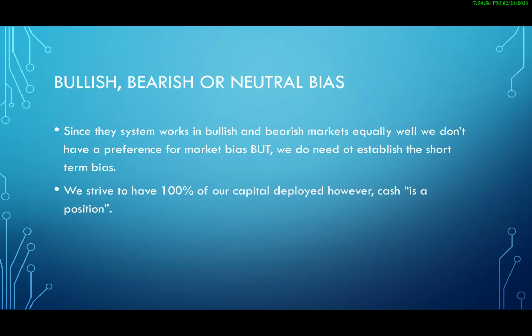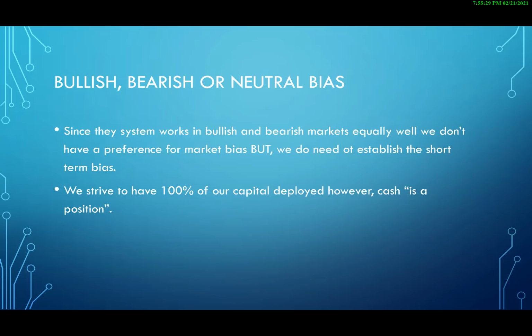However, sometimes we will get a neutral bias in the marketplace. That's where the market's just kind of churning in a sideways fashion. And it's really hard to find opportunities to make money to the downside. It's really hard to find opportunities to make money to the upside. And in these volatile times, and volatility is not really the right word, it's not volatile times, it is uncertain times. In uncertain times, when we just can't get a good read on the marketplace, we can't get a good directional bias, we will sit in cash.